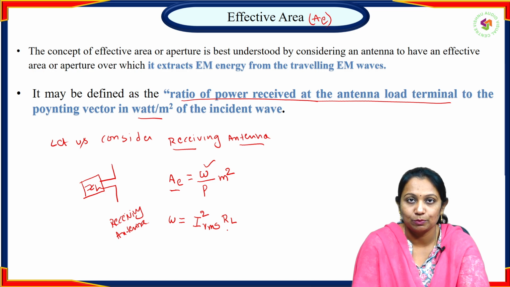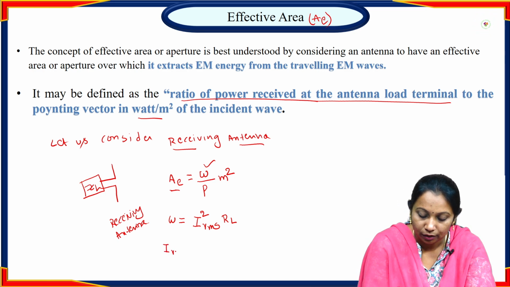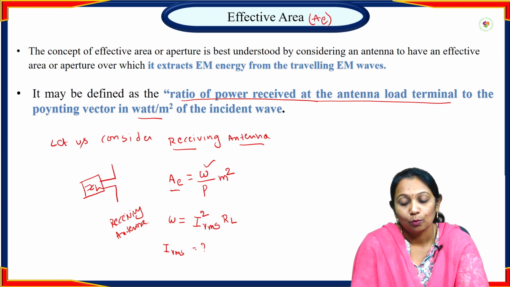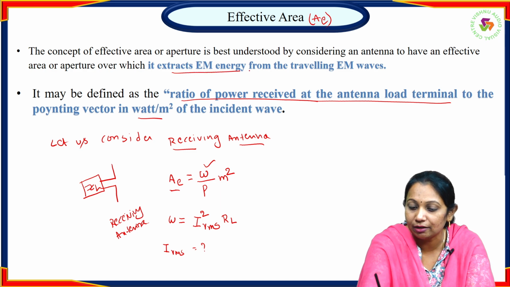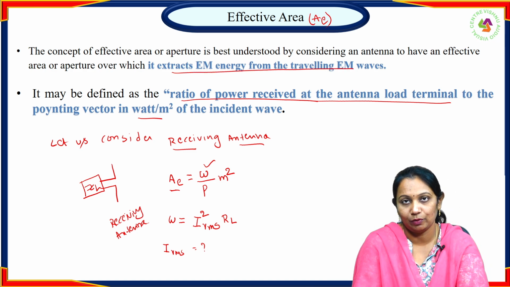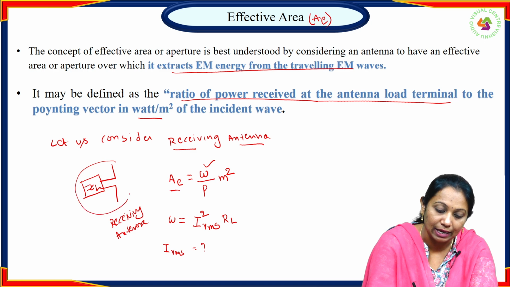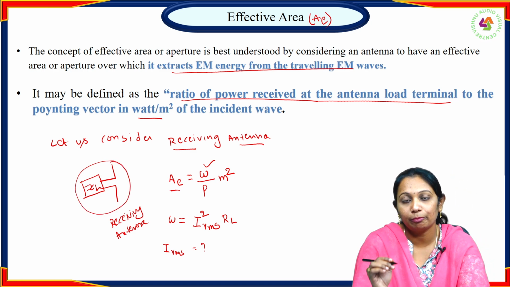Now, to get the expression for I, what is our concept here? The antenna extracts EM waves from the traveling waves. My assumption is that I place this receiving antenna in the field of plane polarized traveling waves.